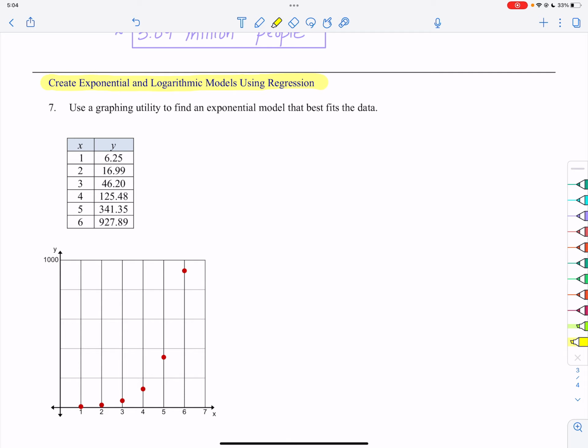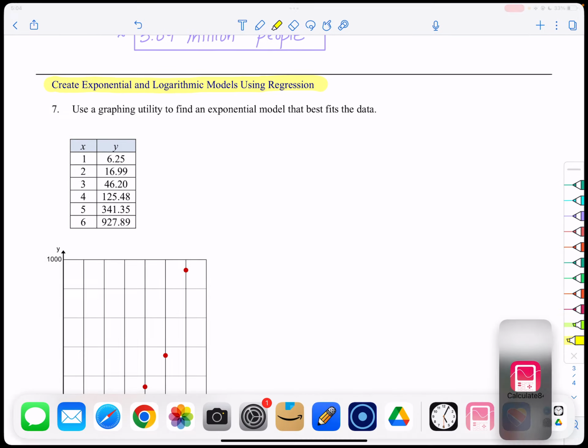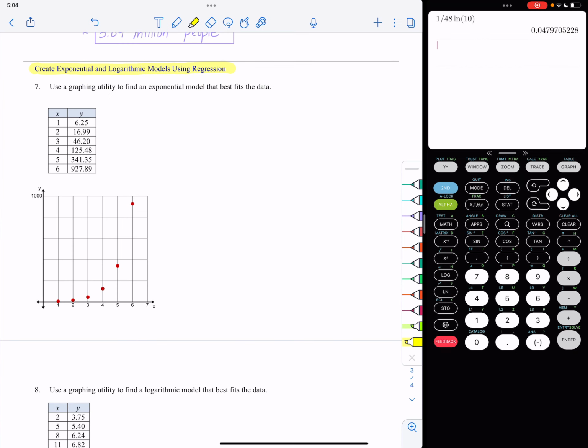So let's go ahead and get this data input. So we will press Stat, Enter, and we can just enter those pretty quickly.